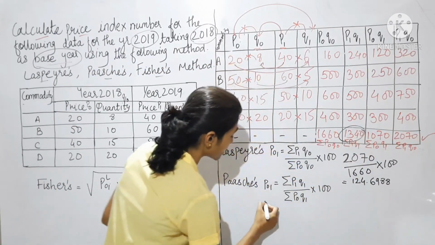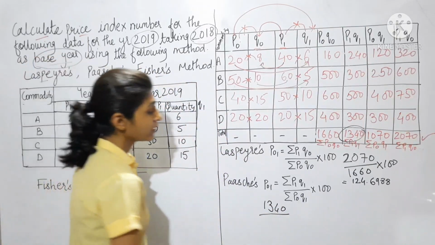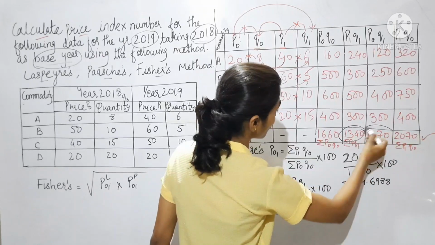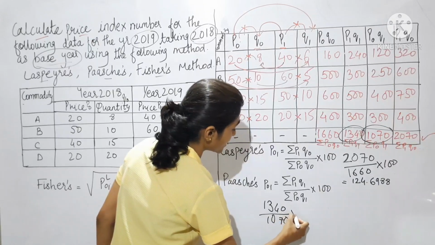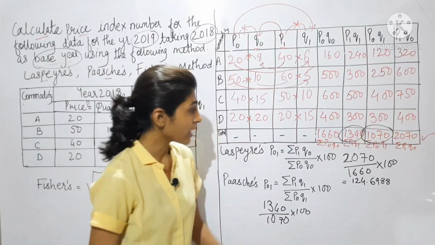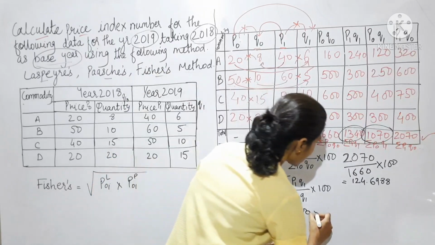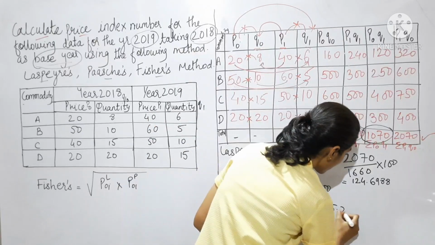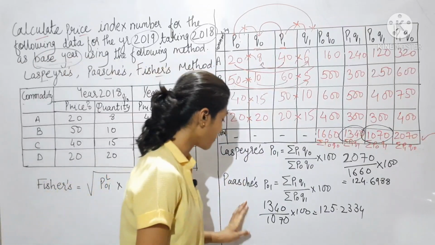Okay, this, 1340, divided by total of P0 Q1, which is here, 1070, multiplied by 100. The answer you get is 125.2334.